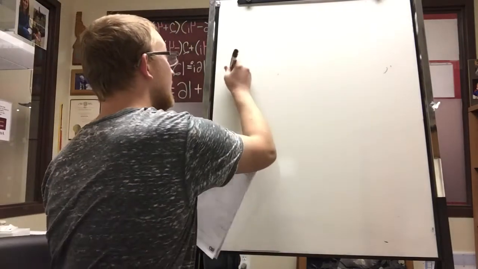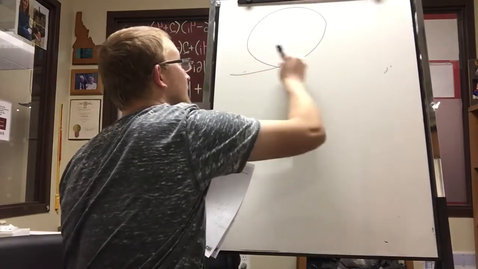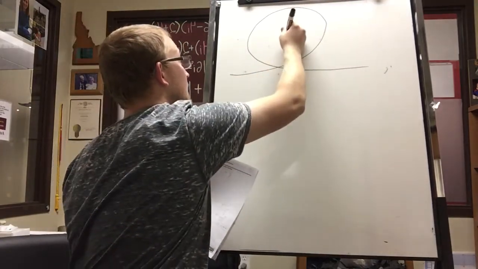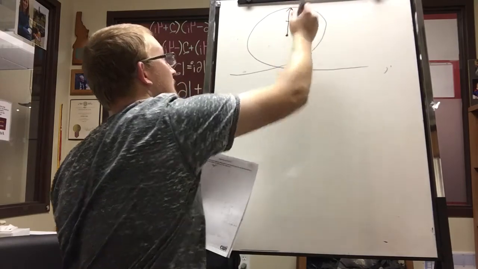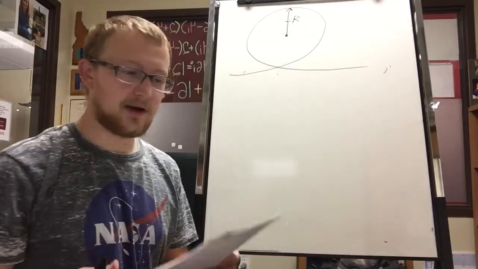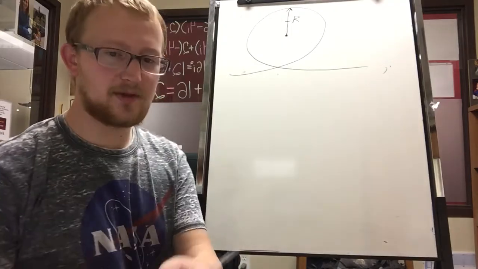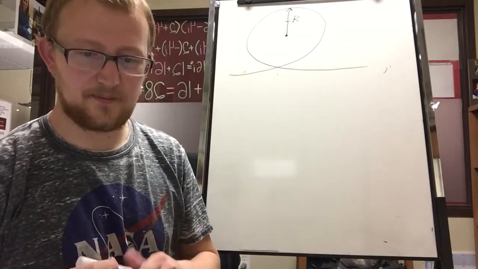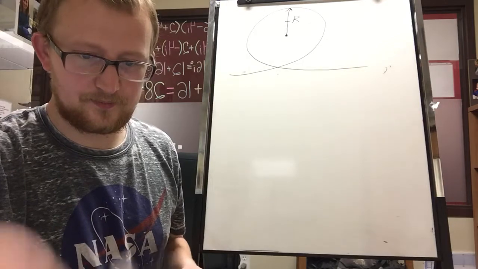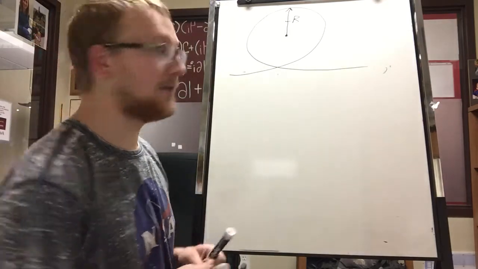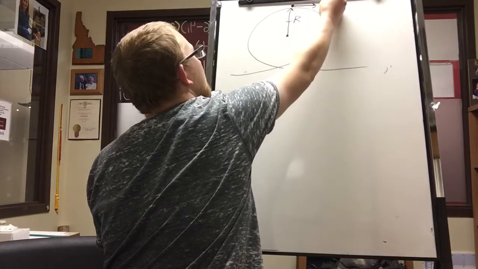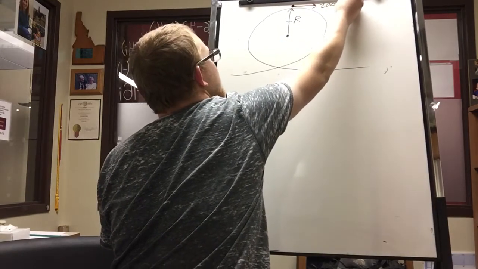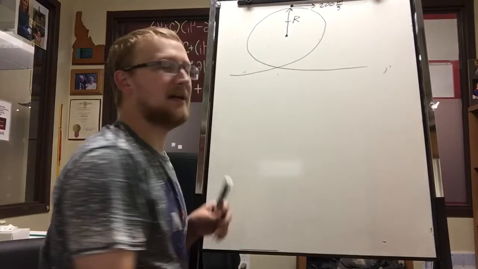Alright, so we've got some sort of a semicircular loop of some radius r that we're trying to solve for. Now we know that her velocity at the top of the loop-de-loop is going to be 200 meters per second, and that's going to be a tangential velocity.